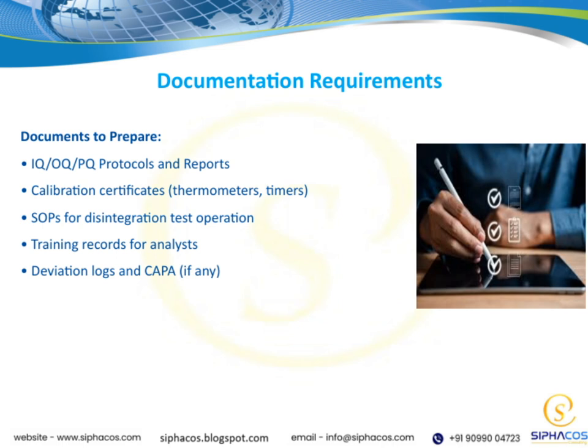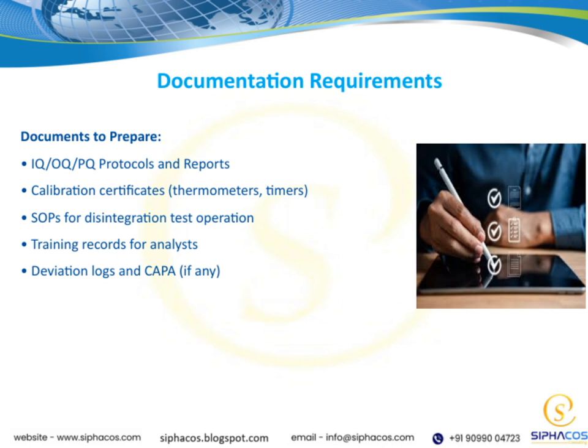Next, calibration certificates are crucial for items like thermometers and timers, as they confirm that our measurements are accurate and reliable. We also need standard operating procedures, or SOPs, specifically for the disintegration test operation. These SOPs provide clear instructions to ensure consistency and quality in how the test is performed.